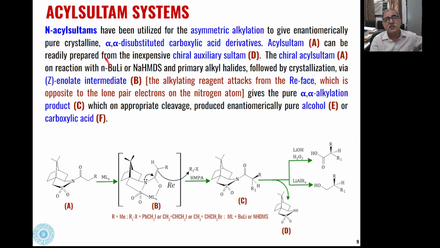The next is N-acyl sultam systems. In most cases, N-acyl sultams have been used for asymmetric alkylation to give enantiomerically pure alpha-alpha disubstituted carboxylic acid derivatives.